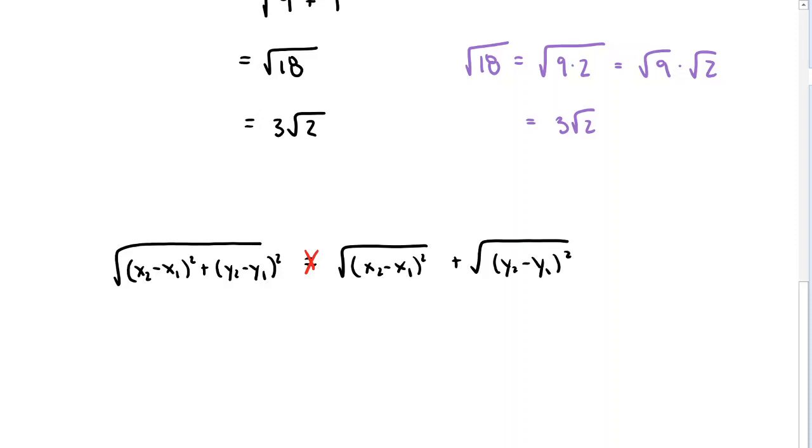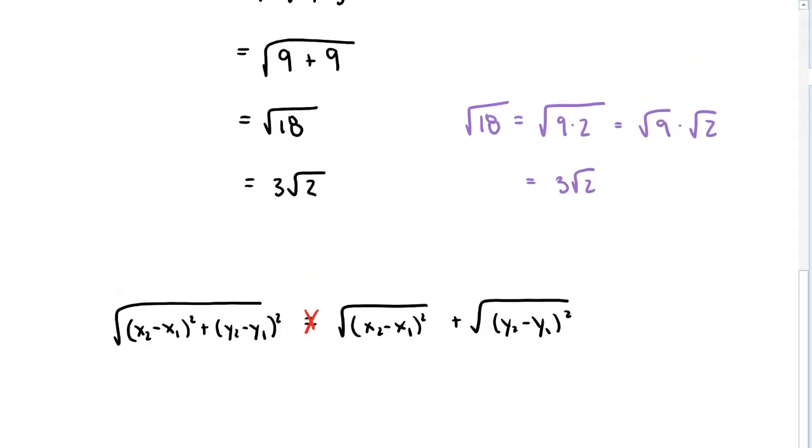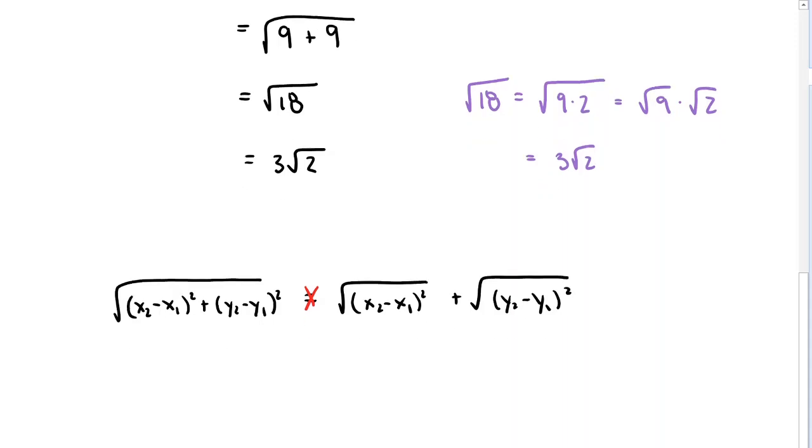The idea we're emphasizing here is that we can't break apart square roots across addition. Above, we saw examples where we broke apart square roots across multiplication. We can break apart square roots across division, but we cannot break apart square roots across addition and subtraction.